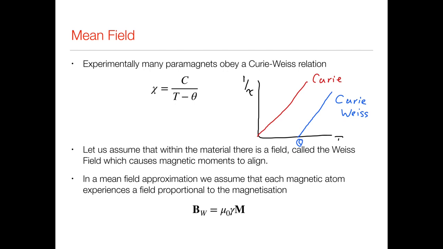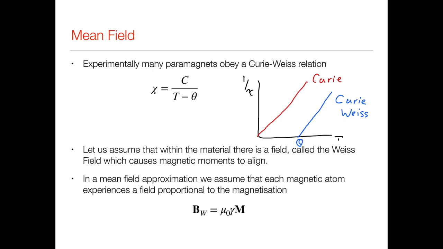And so Weiss assumed that there was a field that was felt by a particular magnetic moment, a particular atom, that was proportional to the magnetization of the sample. So the more the sample is magnetized, the greater this additional field at the atom center.